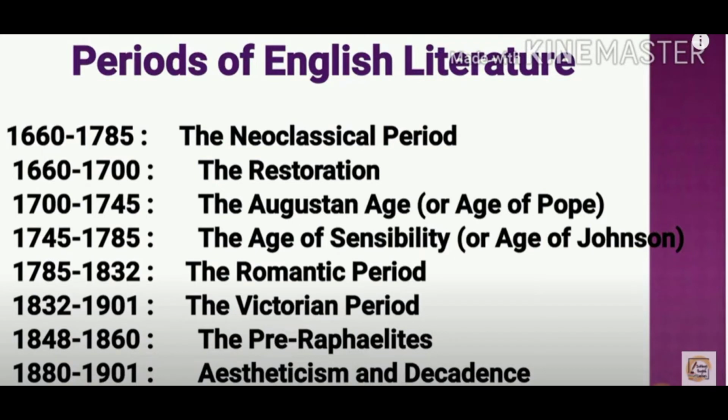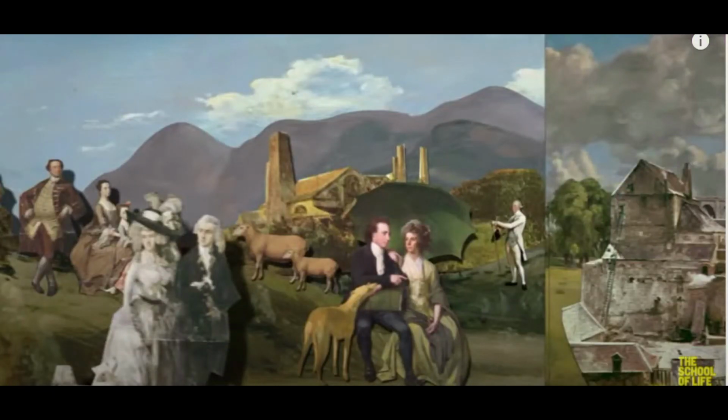The next period is called the Romantic period that starts from 1785 and lasts till 1832. The Romantic period had its origins in spontaneity and quick wit. It was an age that laid stress on nature and deemed nature not as the background but the backbone of poetry.